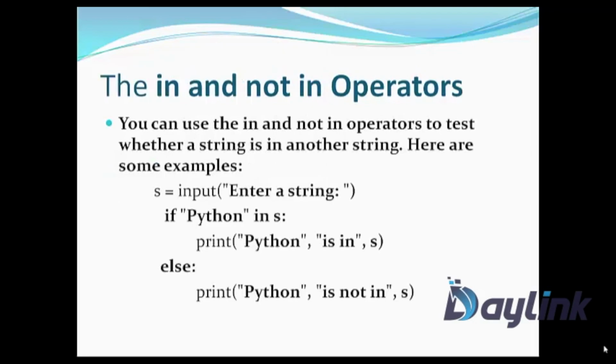Now we see the in and not in operators. You can use the in and not in operators to test whether a string is in another string. Here are some examples. s is equal to input, enter a string. If 'Python' in s, then print 'Python is in', else 'Python is not in'.